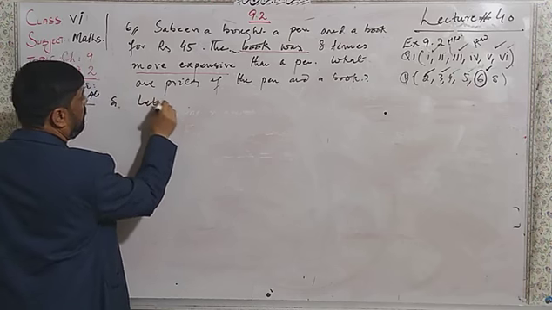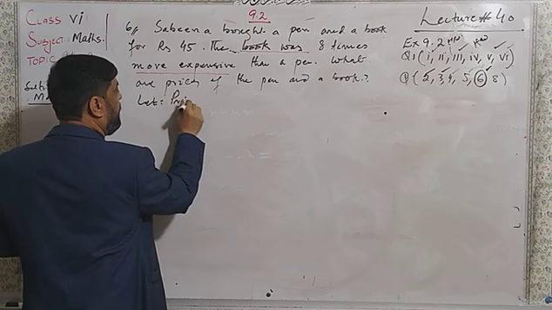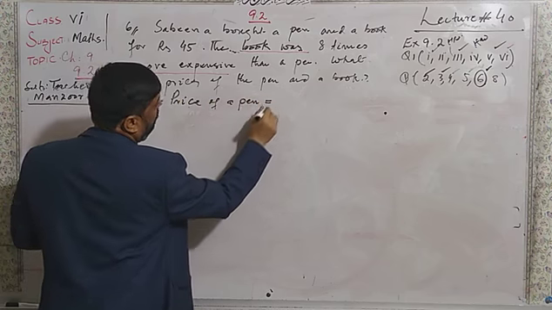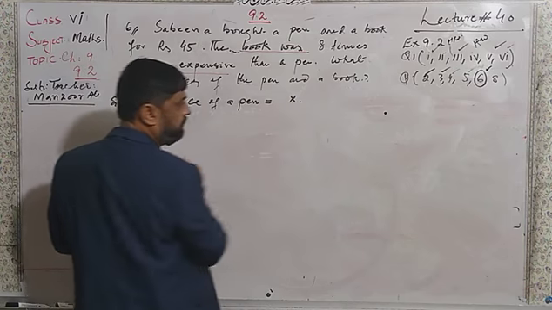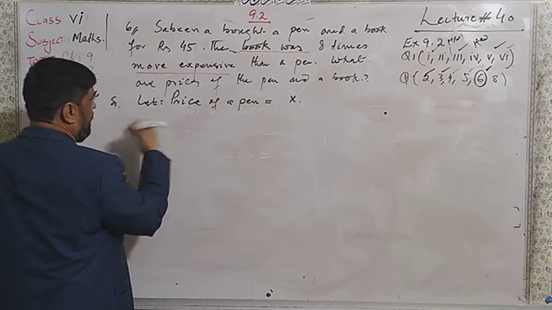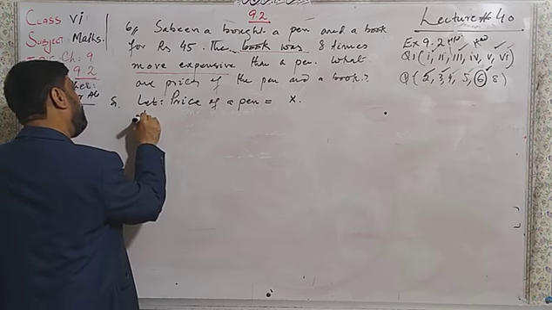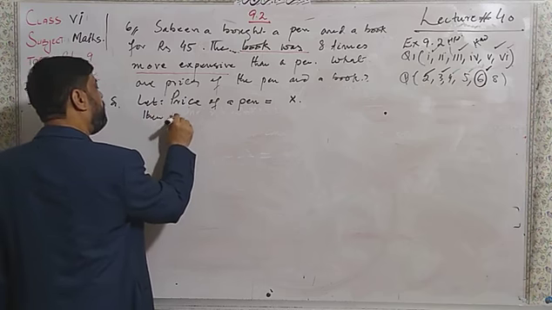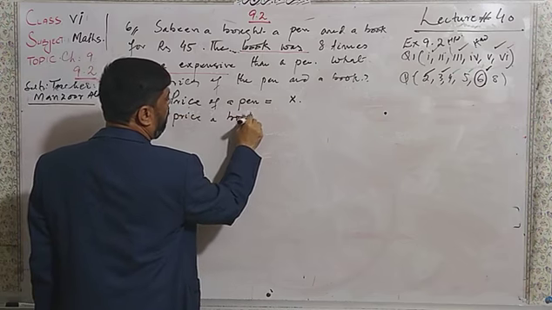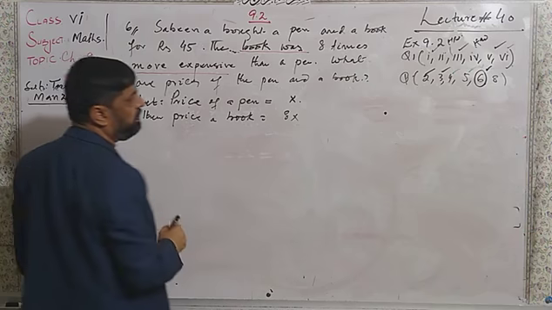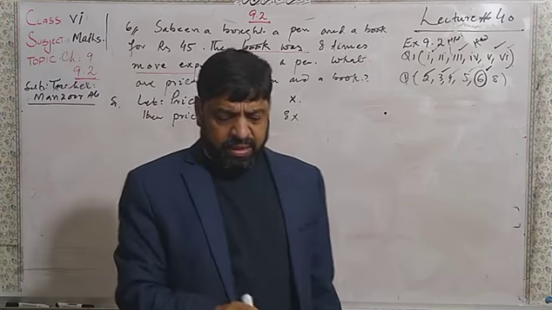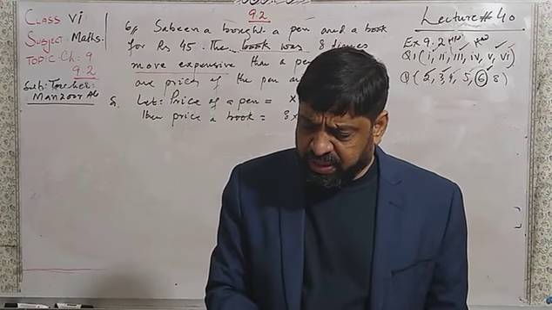Let's suppose the price of the pen is equal to x rupees. Then the price of the book will be 8x. Now this is the statement that we are given here.